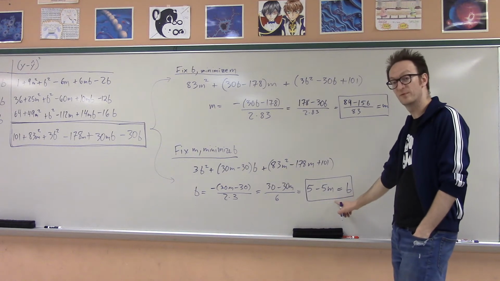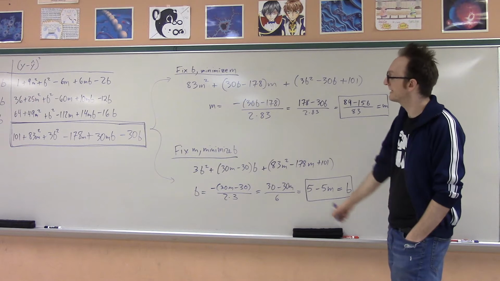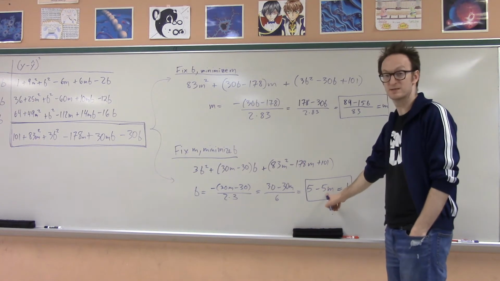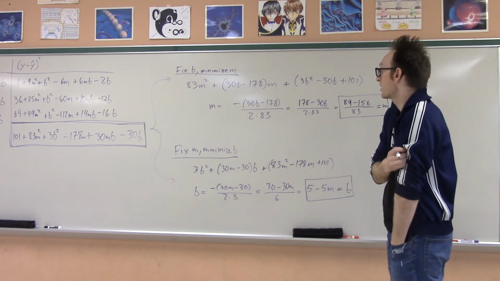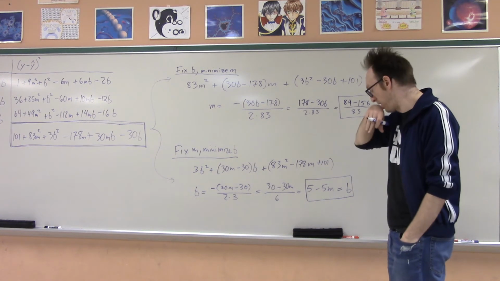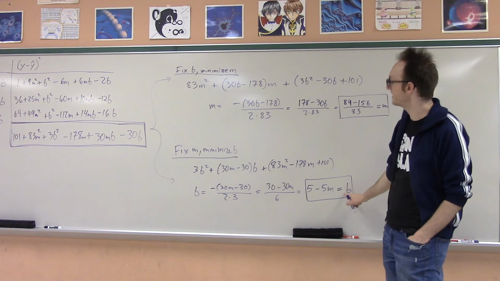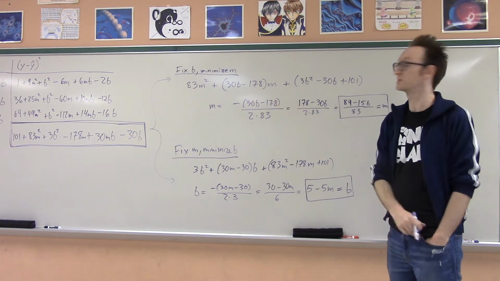Whereas this second thing here in this box says, okay, let's treat m as a constant, and for any possible m, this is the b which will make that expression as small as possible.